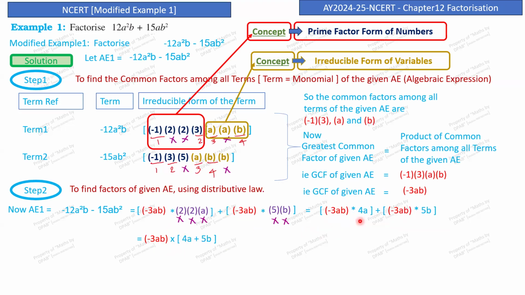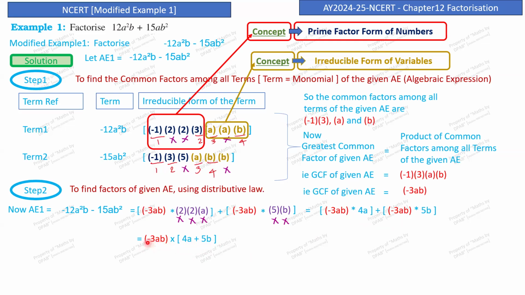Then this plus symbol should come. Do you remember why this plus symbol is coming now? Yes, because we have taken minus 3AB as it is, so it is plus 5B. Understood now? So these are the two factors. The first factor is minus 3AB and the second factor is the bracket. Sorry, we should not say first term and second term. All these are now a single term.